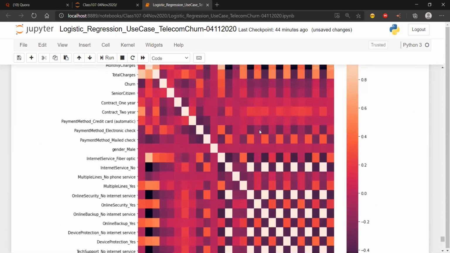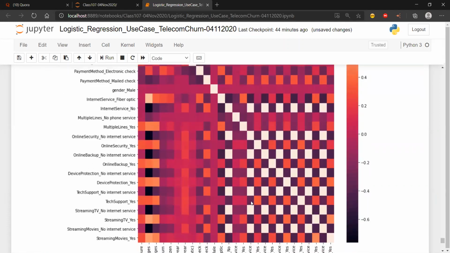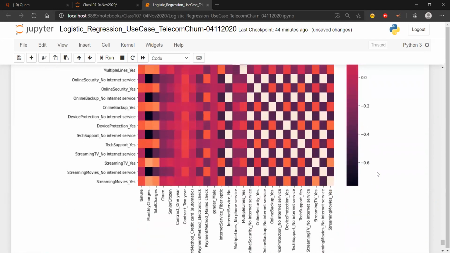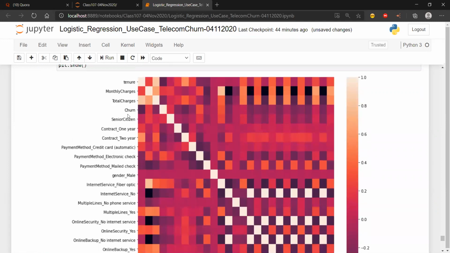So this will take some time, right? But it has resulted in the outcome. Now I can clearly see where I have the blacks. I have the blacks in some specific places. I have really dark things. So wherever I have dark things or very bright things, these are where I have intercorrelations. But I'm going to ignore the column churn, because churn is my target variable.